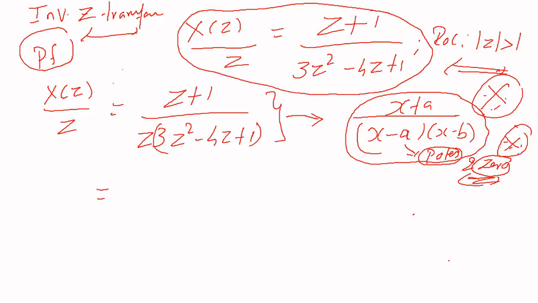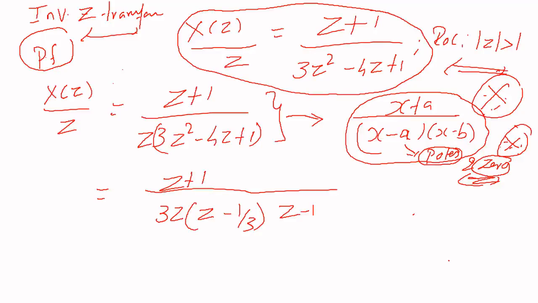So what I do now is rewrite it as z plus 1 over 3 z, into z minus 1 by 3, into z minus 1.